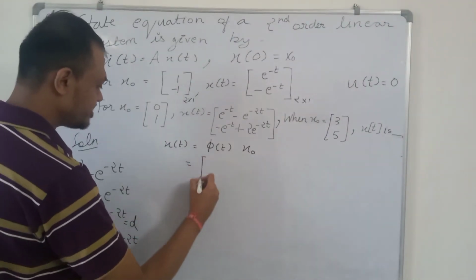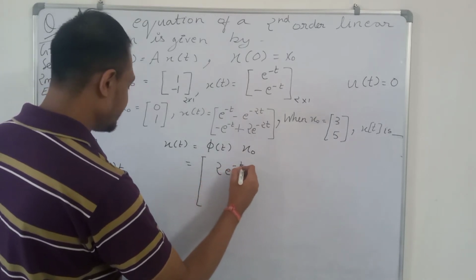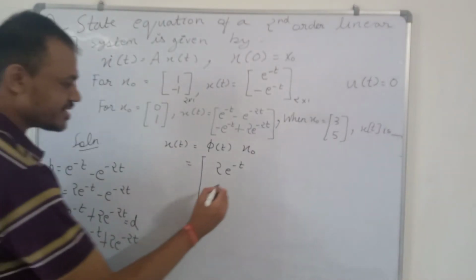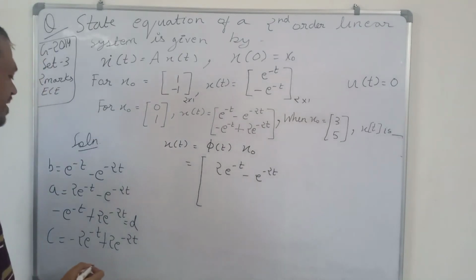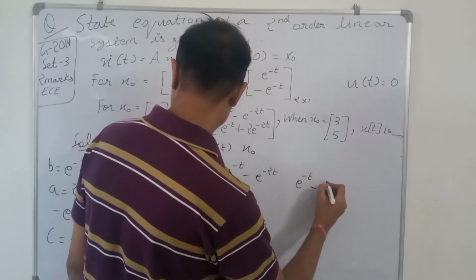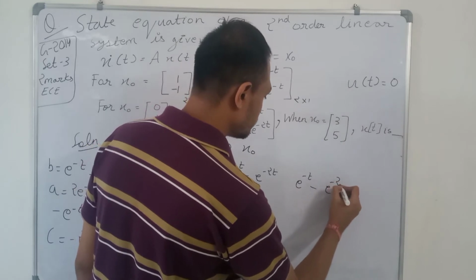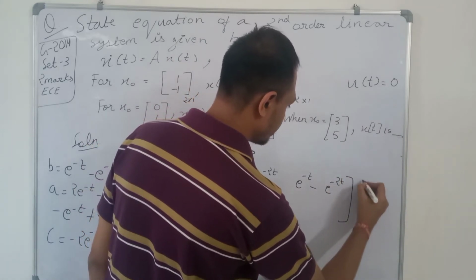So a is 2 e to the power minus t minus e to the power minus 2t, and b is e to the power minus t minus e to the power minus 2t, into 3 and 5.